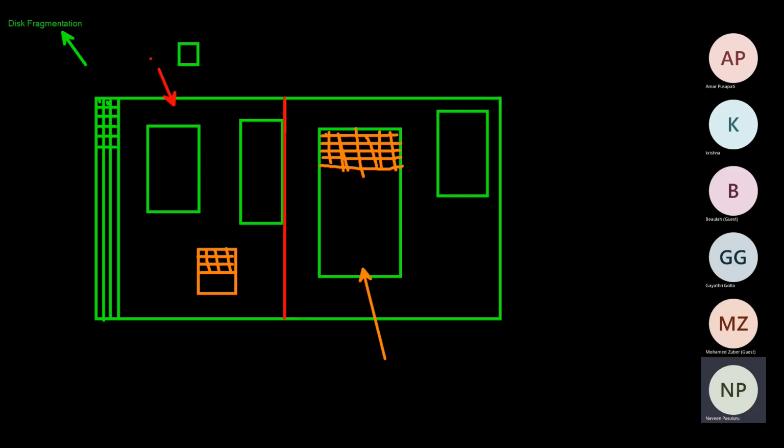Let's assume that all free chunks are brought here and all used chunks to this side. So that whenever it is writing the data, it doesn't need to search for the free chunks, because all my free chunks are available here. So it will write the data, which will improve the write performance, right?